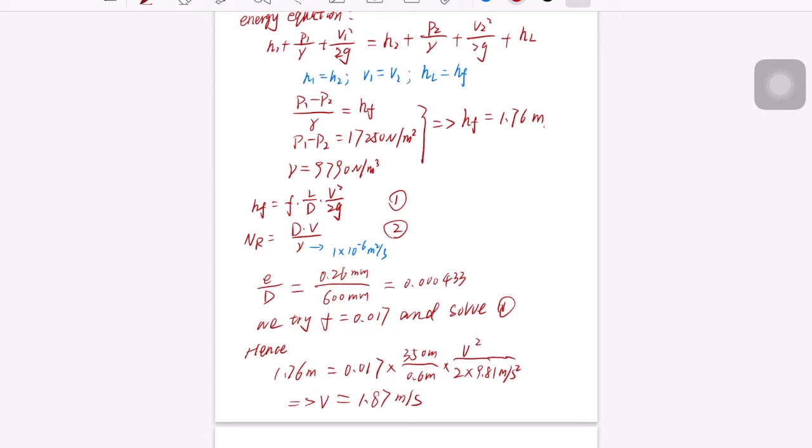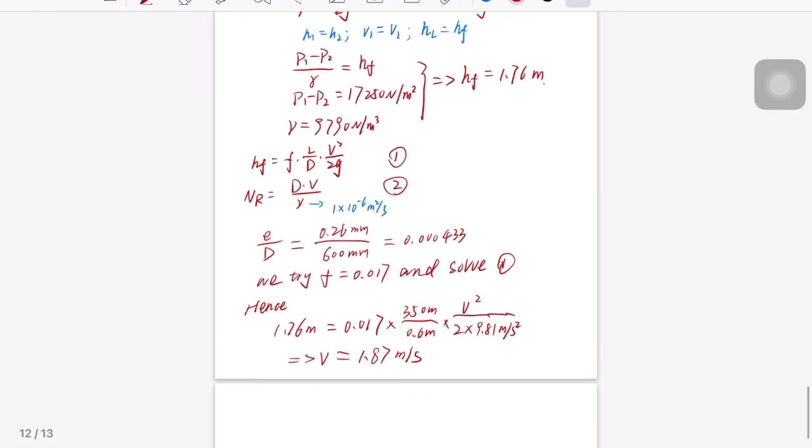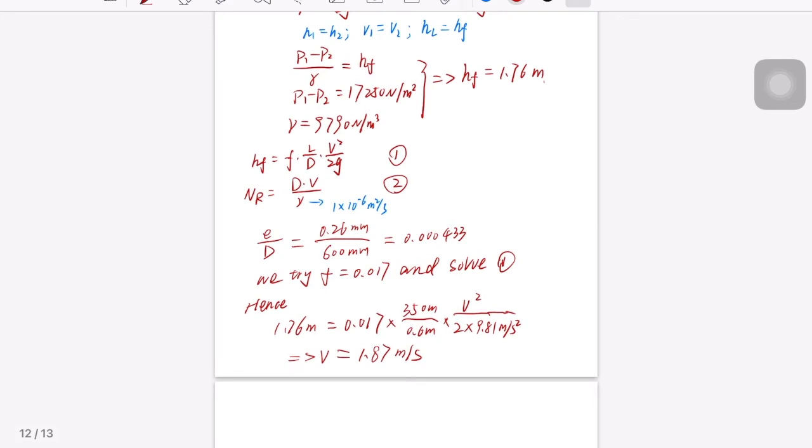Then we use this velocity value in equation 2.